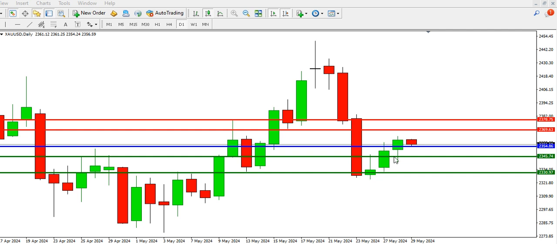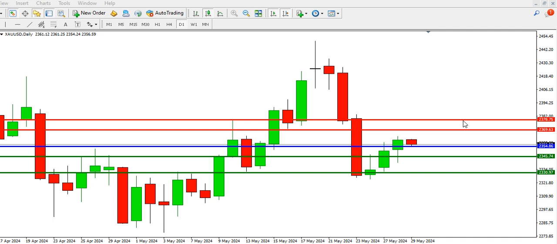You can call them three white soldiers. Price might likely drop below and then form a wick, like what we have around here, and then form a bullish pin bar. So that's the possibility on the daily time frame for pivot level analysis.